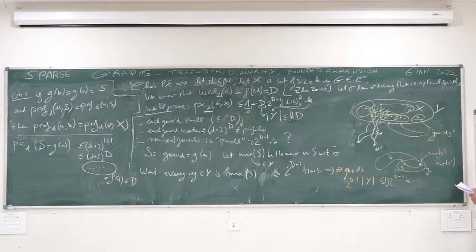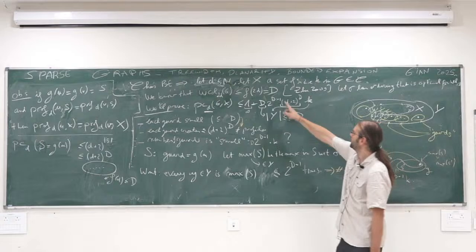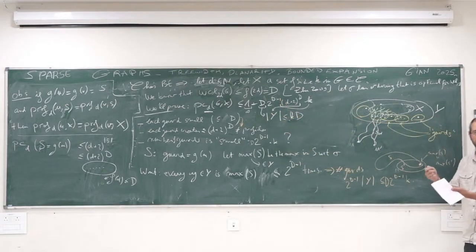Since the reachability set of y is small, at most capital D, I will have just 2 to the power d possible subsets.